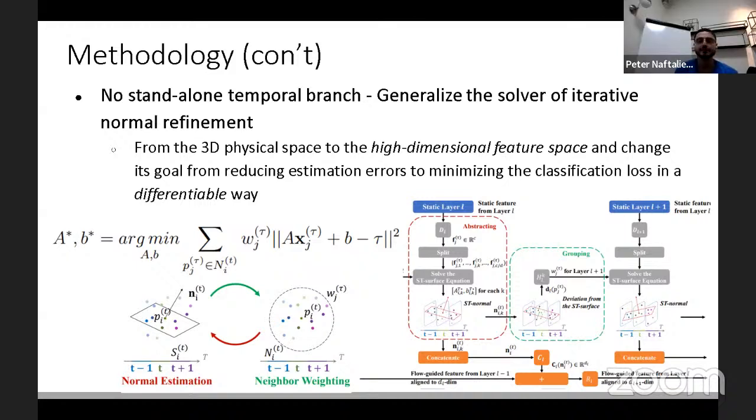Back propagation can be used for the optimization of this. We'll talk in the next slide about how the W is calculated.